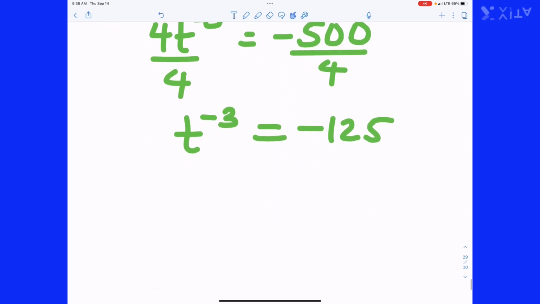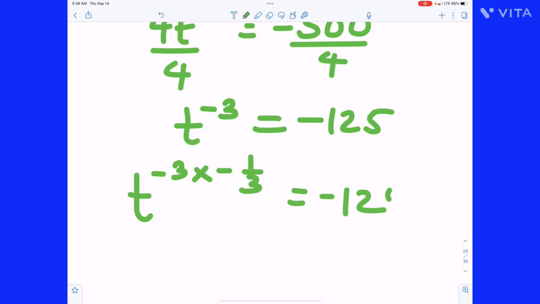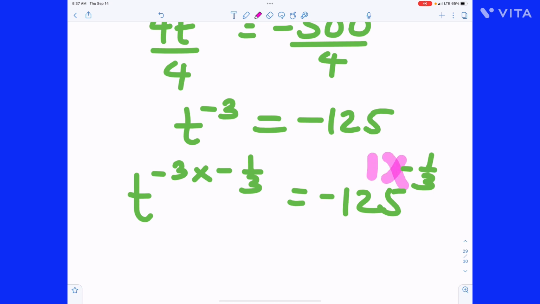If you get t raised to power minus 3 as minus 125, what does that give you? Let's call on our reciprocals. The reciprocal of minus 3 is minus 1 over 3. Minus 125 too will be multiplied by the same minus 1 over 3. Assume that there was 1 here before. 1 times minus 1 over 3 will give you minus 1 over 3.